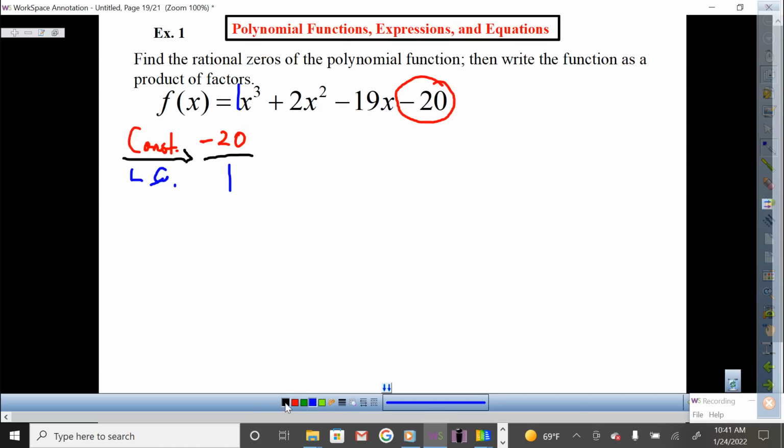Okay. However, we need to find the factors of what? 20, yes? All right, find all factors of 20. Write them out, please.